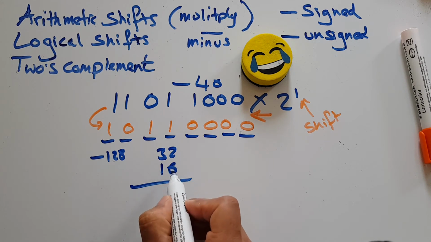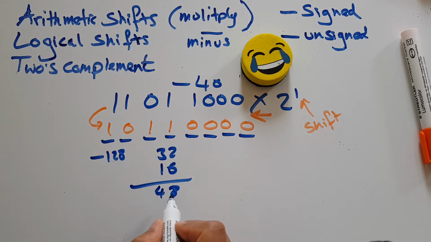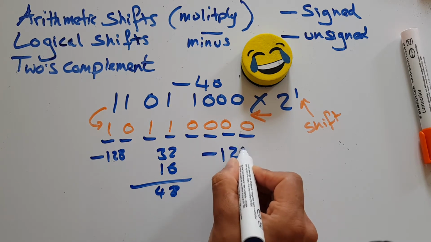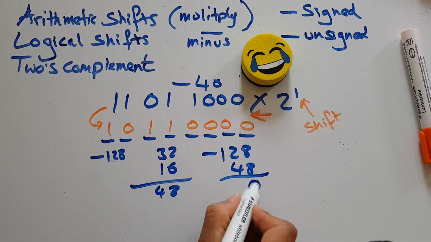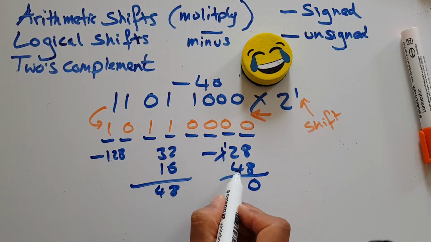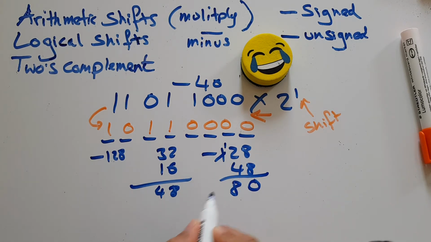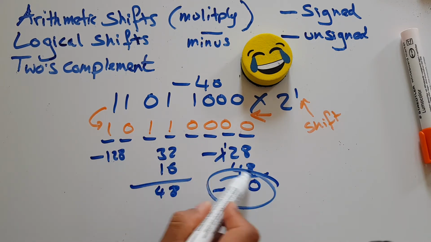Add those together. That's 8. 3 1 is 4. So I've got 48. Minus 128 minus the 48. Let's see. That's 0. 2 minus 4, I can't do that. That's 12. And that's 8. So the orange binary is minus 80.